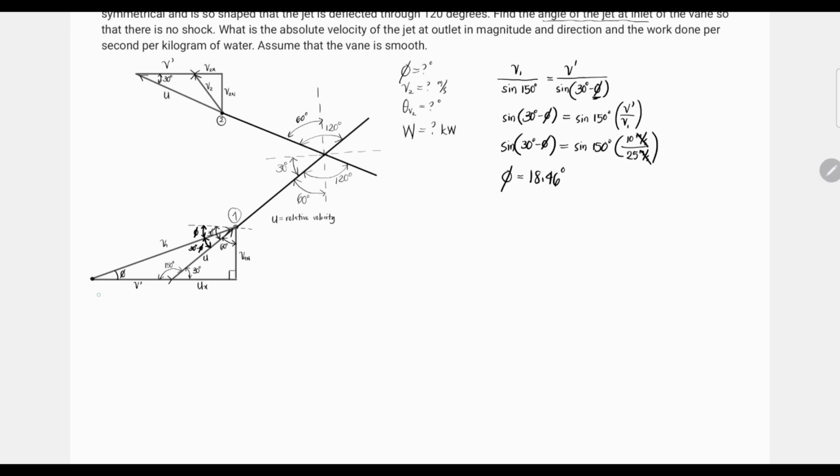Now, we need to solve for V1x. So, yung V1x natin ay ito. That is your V1x. So, x component ng ating velocity 1.